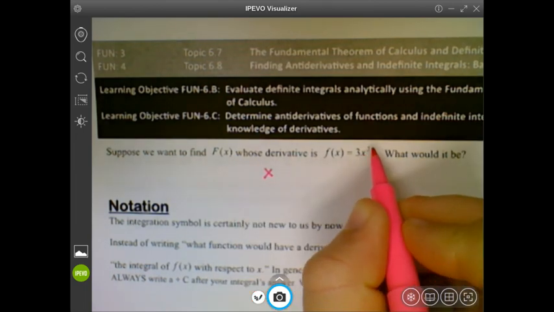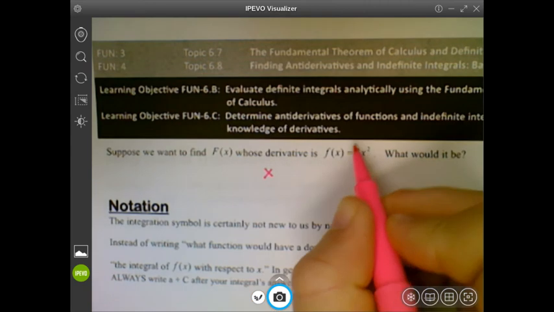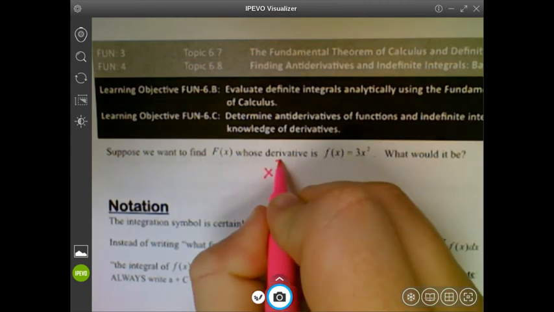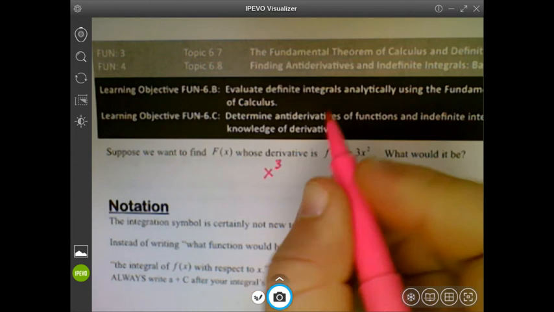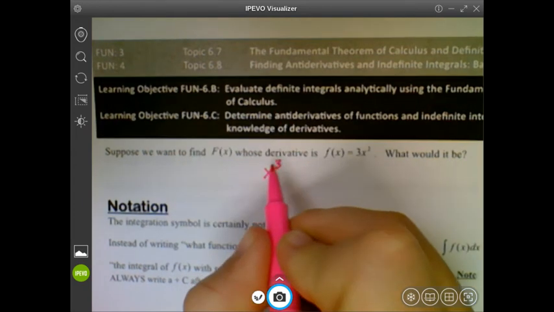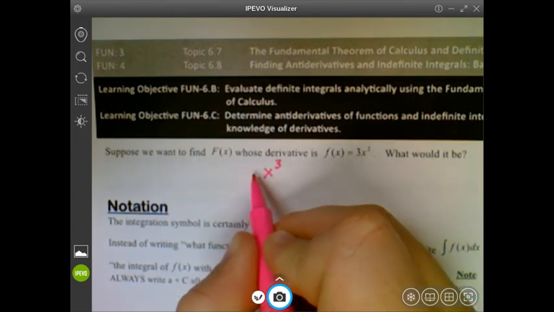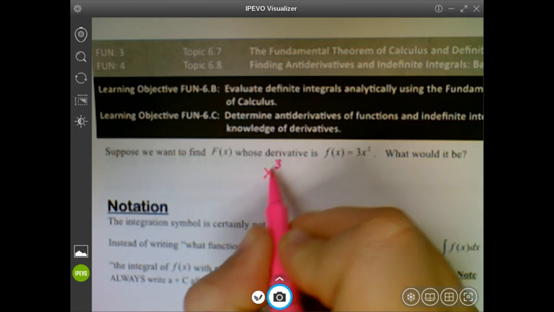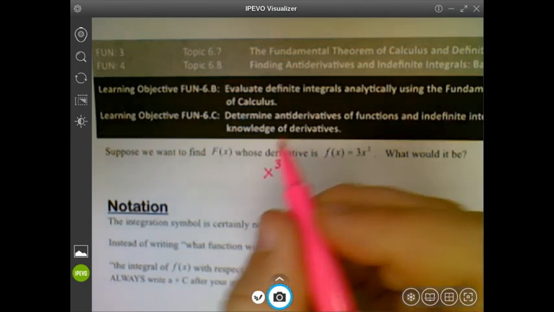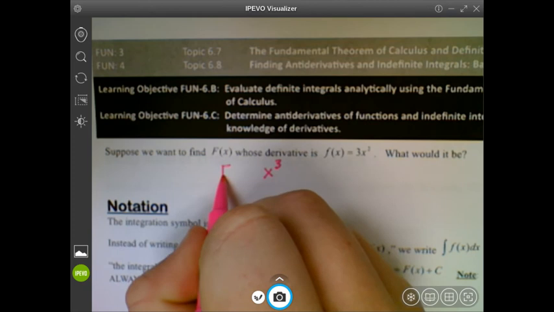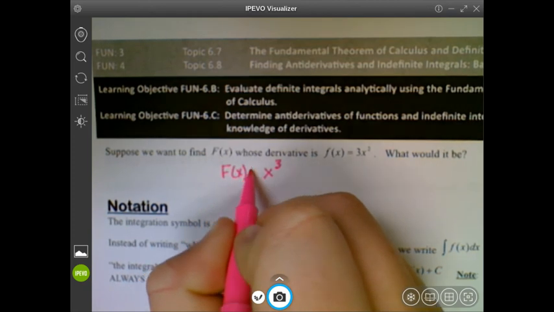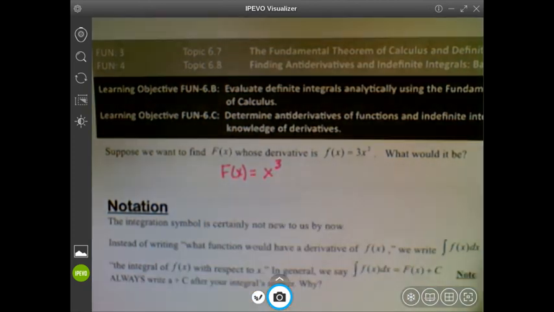If we have an x squared at the end, this had to be 1 more power, so a power of 3. The derivative of x cubed has the 3 come down in front and turns into 3x squared, which is what we have here. So capital F of x would be equal to x cubed.